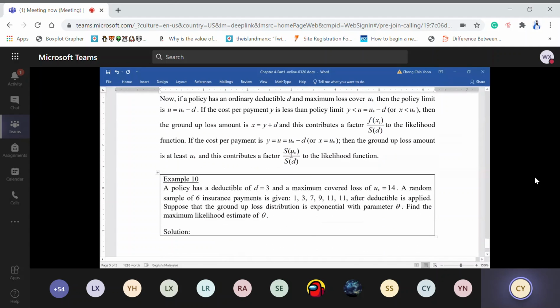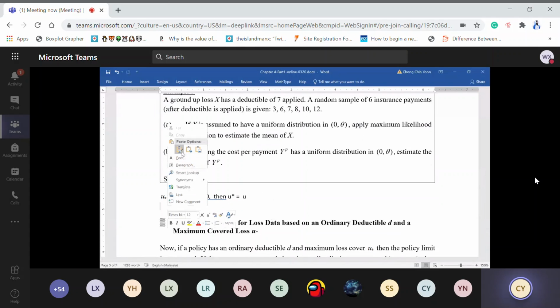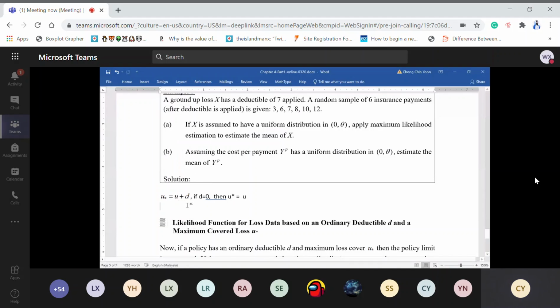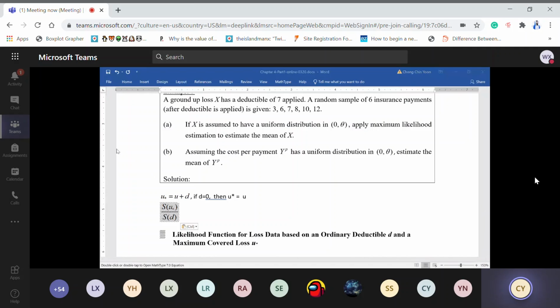Then this is the survival at U, and this will be equal to U star, where U star is equal to U.